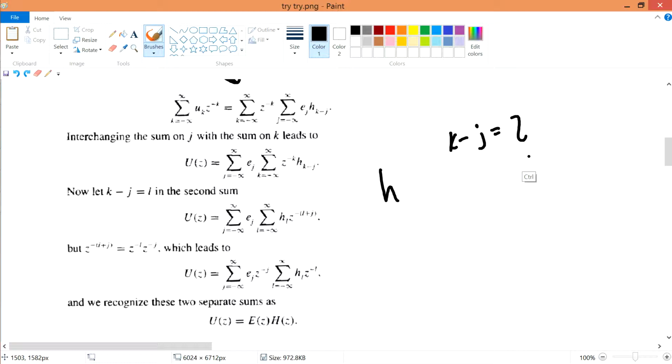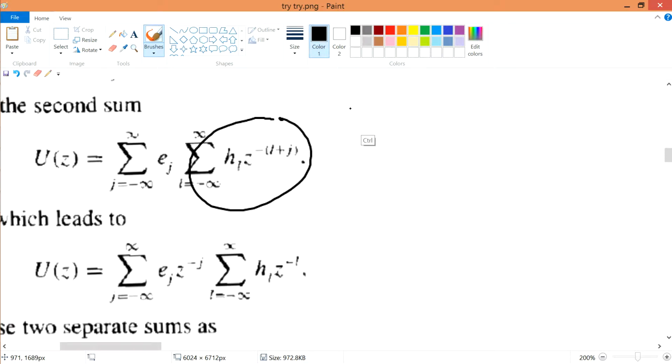Anyway, maybe I should write k equals l plus j. So k equals l plus j, which is over here, you see. Because we have minus k, it's minus l plus j. And k from minus infinity to infinity becomes l from minus infinity to infinity. So I'm actually switching the domains already, as you can see. This thing over here I didn't change. I only switch this thing with this thing. k minus j equals l, sorry.